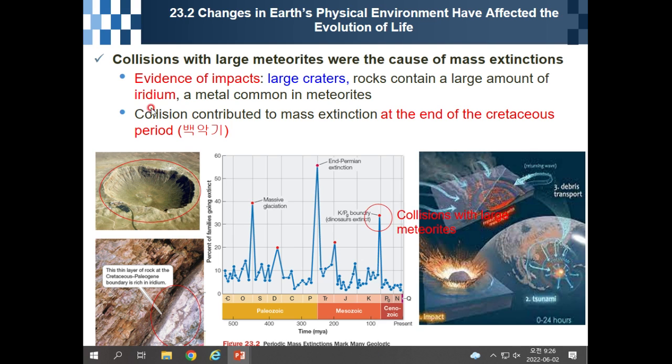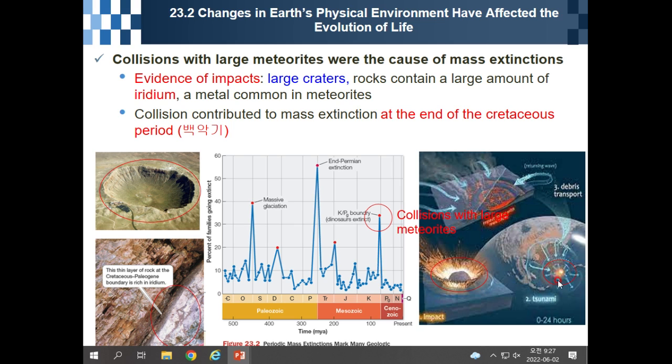So this mass collision contributed to mass extinction at the end of the Cretaceous period. Cretaceous in Korean we call 백악기. So the Mesozoic, 중생대, ends with the Cretaceous period. At that time, a collision with a large meteorite happened. This is the North America area, where there was a big collision.